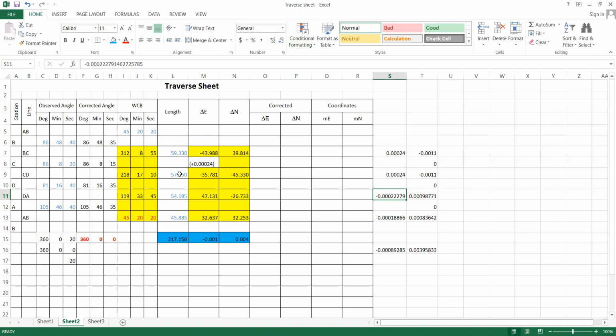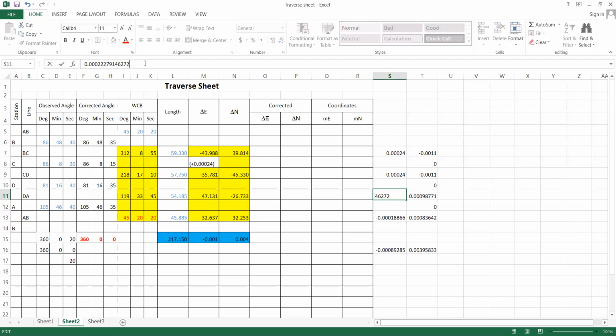So their order is very equal. In some surveys, you may find that there are very long lengths and very short lengths. Then there would be a remarkable difference between these corrections. So what we have to do is distribute.